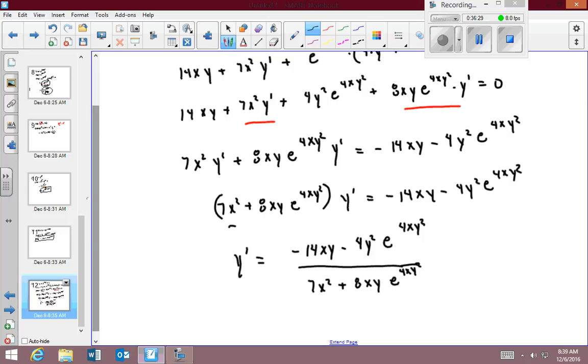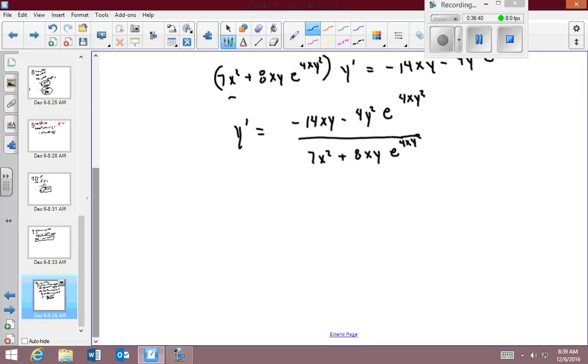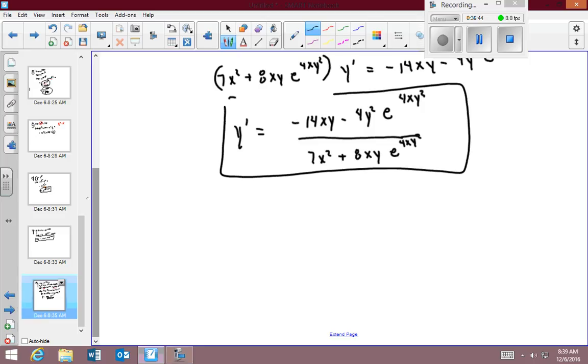Now the numerator only has a 2y in it, and the denominator only has a common x. So whether you factor that out or not means nothing. So this would be implicitly differentiated then.